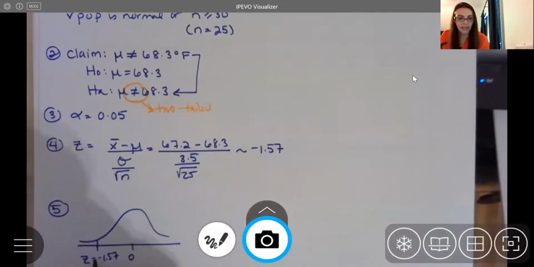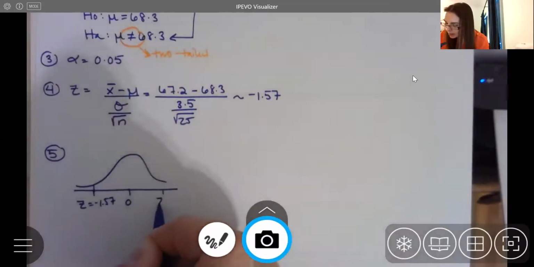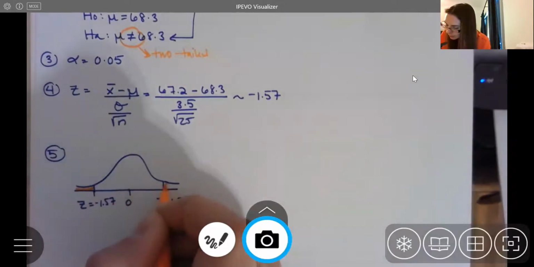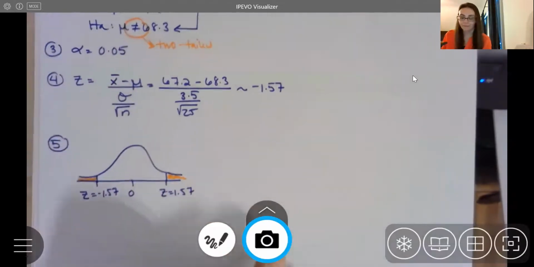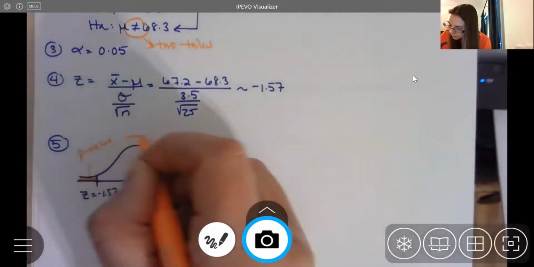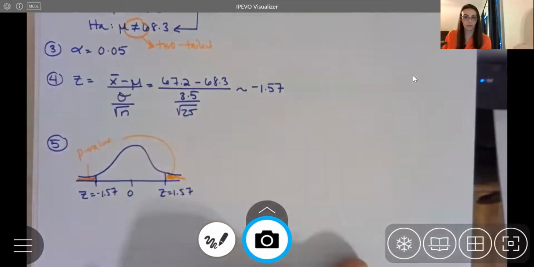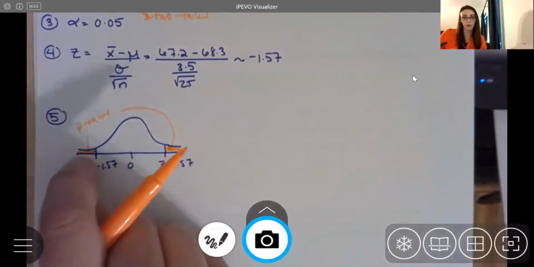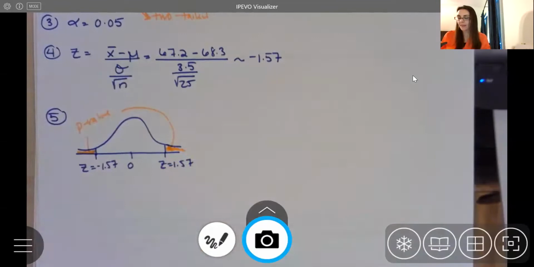I know I only have the negative z, but there must be a positive z on the other side to give that same cutoff, because I have to have two tails, one here and one here. So our p-value is this one plus this one. Because this is perfectly symmetric, I could just find the probability in one of them, and then I can double that.